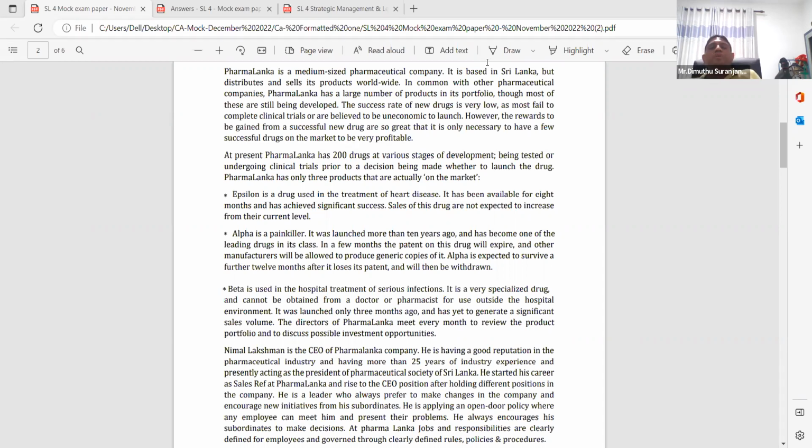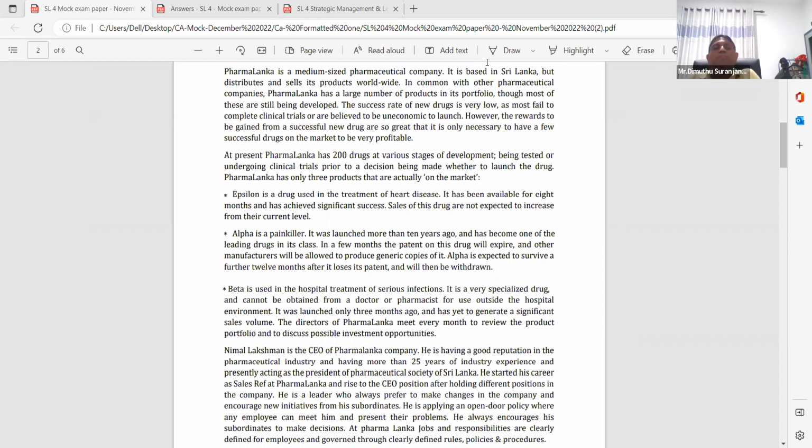So our main operations are carried out from Sri Lanka, but we are selling products in different countries. In common with other pharmaceutical companies, Pharmalanka has a large number of products in its portfolio.